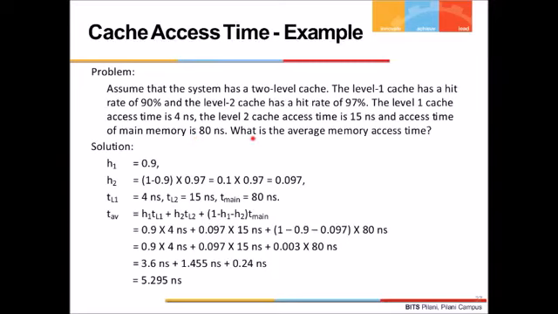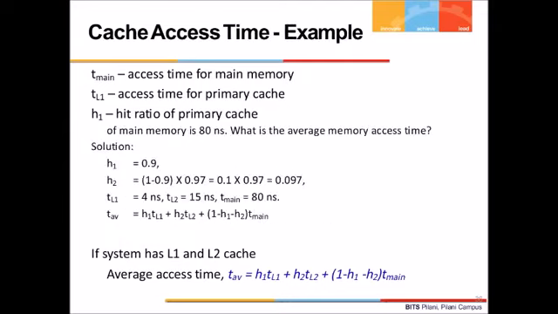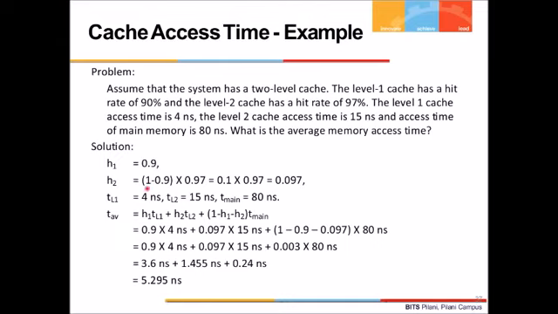Okay. So H1 is 0.9, as 90% is 0.9. Now what is H2? H2 is the hit ratio of the secondary cache but not primary. It is the miss ratio of the L1 cache times the hit ratio of the L2 cache. If L1 cache is missed, then only we will go for L2 cache, right?